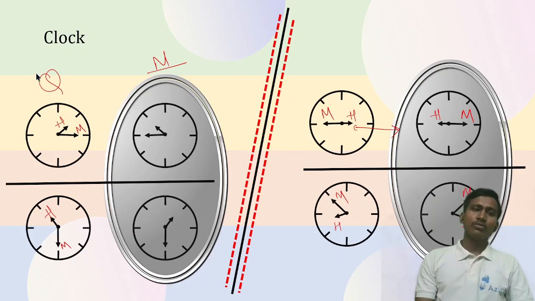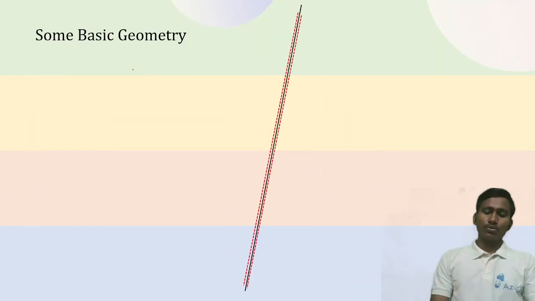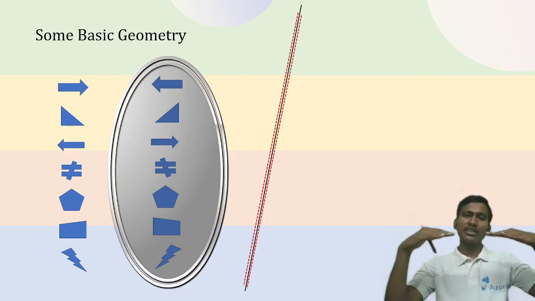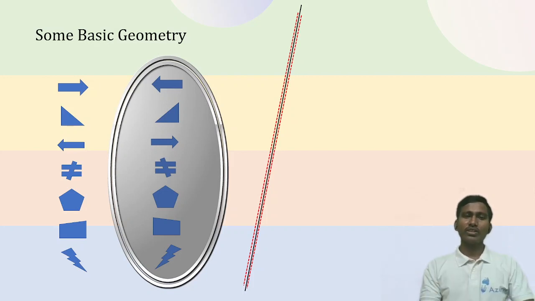Got it? Now let us see some geometrical figures. So the arrow first. If it points towards the mirror, in the mirror image also it points towards the mirror. So this is the mirror image of the arrow.